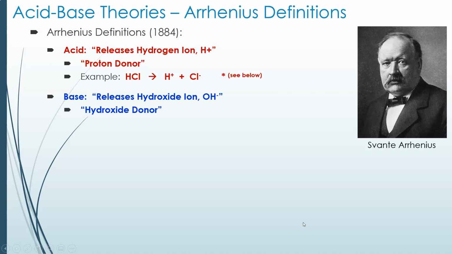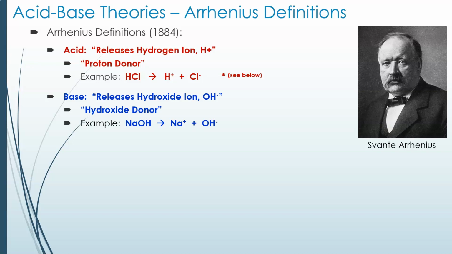He also defined bases as molecules that release hydroxide ions, that is OH- ions. So compounds that donate hydroxide to the solution when they dissolve in water and break up into their ions, if one of those ions is an OH- ion, that would be a base according to Arrhenius's definition.